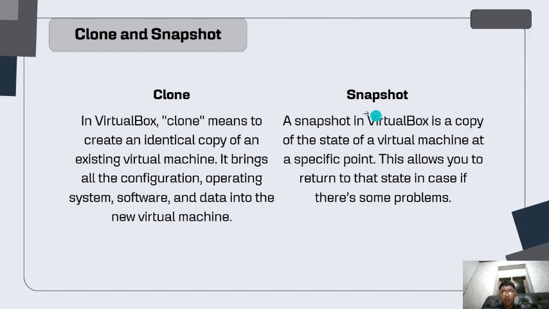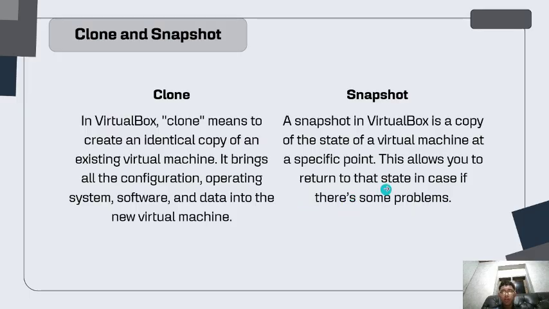And then the other one is the snapshot tool in VirtualBox. It is a copy of the state of a virtual machine at a specific point, and this allows you to return to that state in case there's some problem. So for the conclusion, it has a function to back up the previous configuration.